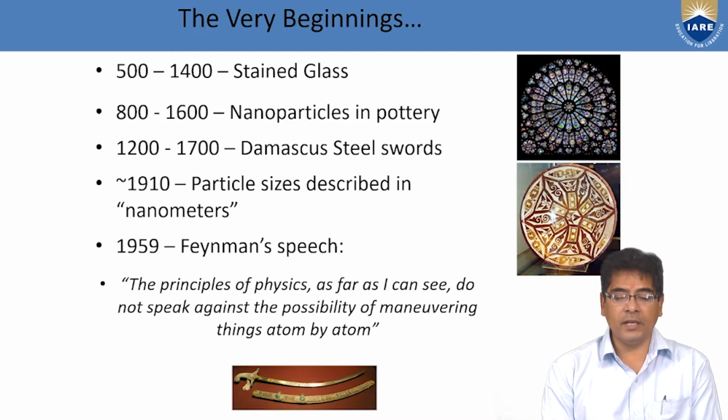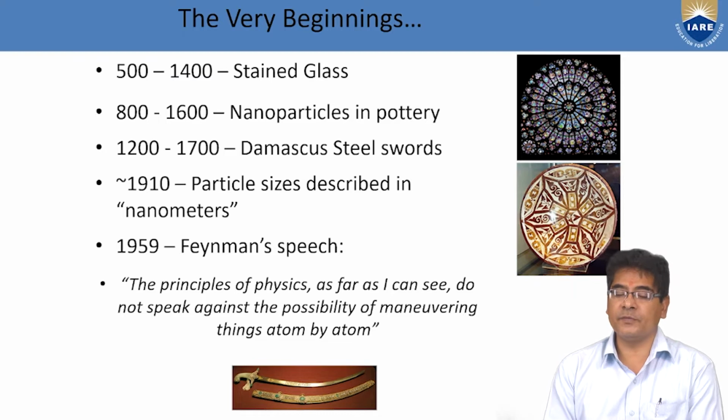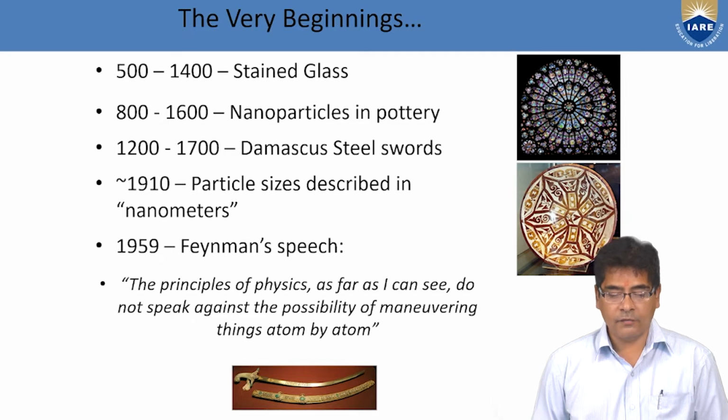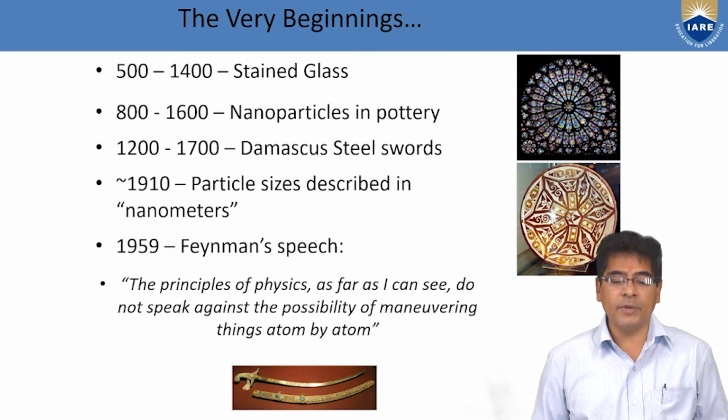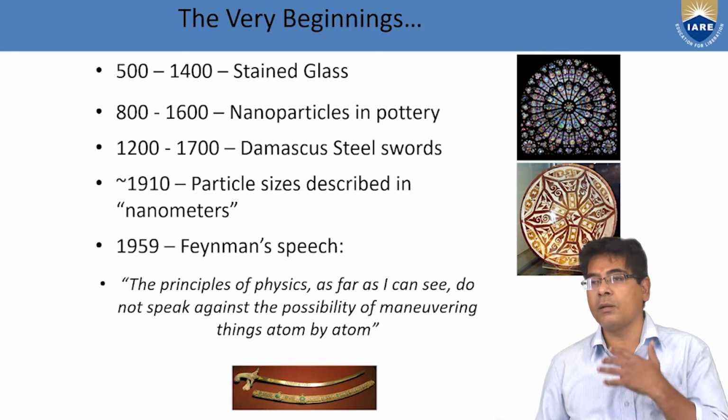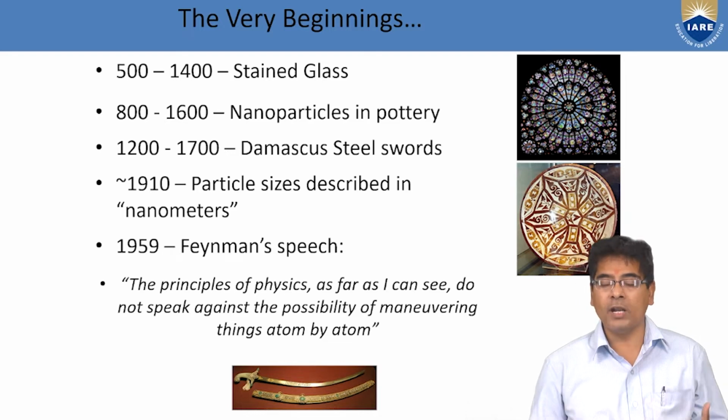The term nanotechnology was defined by Tokyo University professor Norio Taniguchi in the year 1974 in his paper as follows: nanotechnology mainly consists of the processing of separation, consolidation and deformation of materials by one atom or by one molecule.